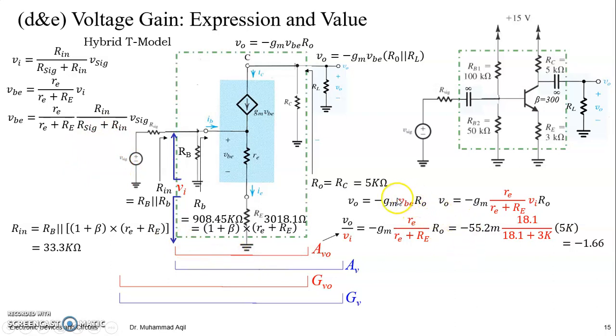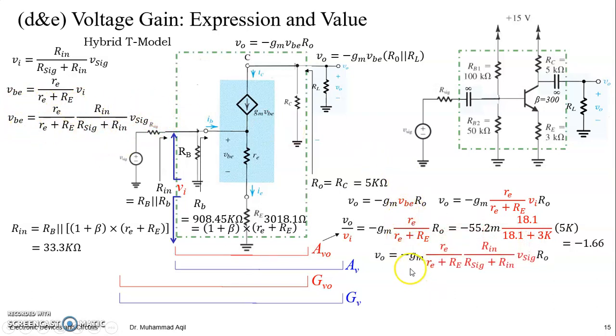So we need to replace this VBE so that V signal comes here. We already have this relation, right? Or we can put this and then this, but we already did this step here. So by using this exercise, we can put it here.